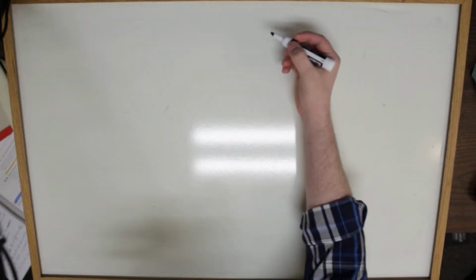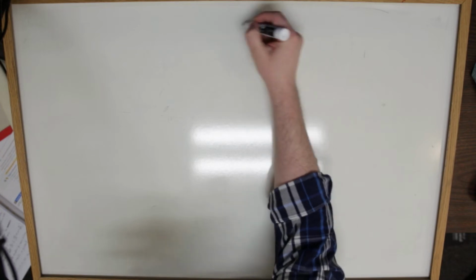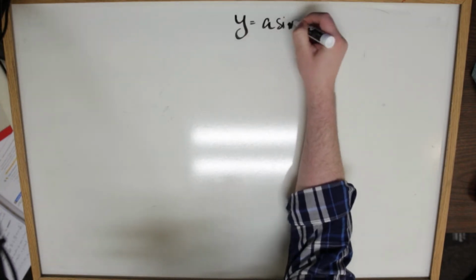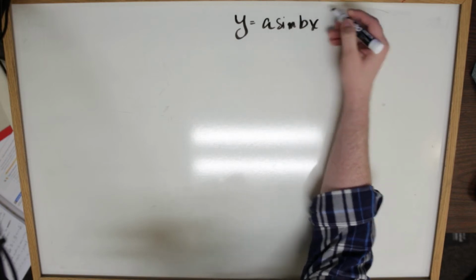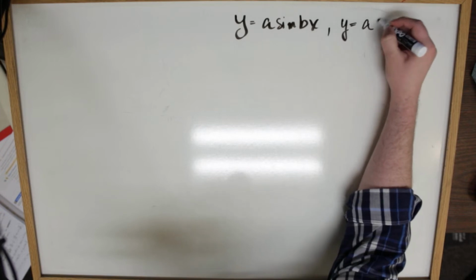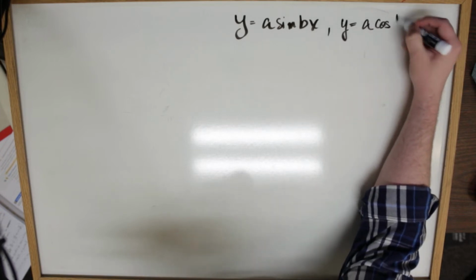Most of these problems are just recognizing amplitude, period, things like that. So let's just go ahead and remind ourselves: y is equal to a sine of bx, y is equal to a cosine of bx.